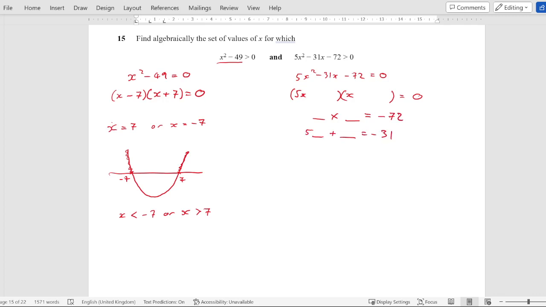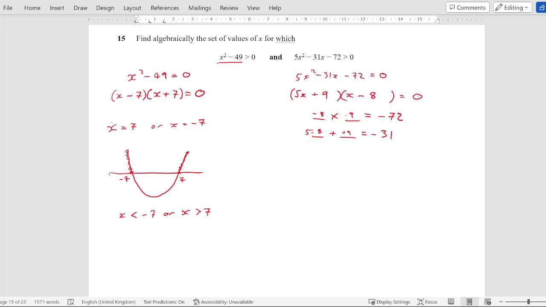So I know one is negative and one is positive. 5 times minus 8 is minus 40, and then plus 9 gives us minus 31, and minus 8 times 9 gives us minus 72. So I need my minus 8 in the bracket opposite my 5, and my 9 in the bracket with the x.